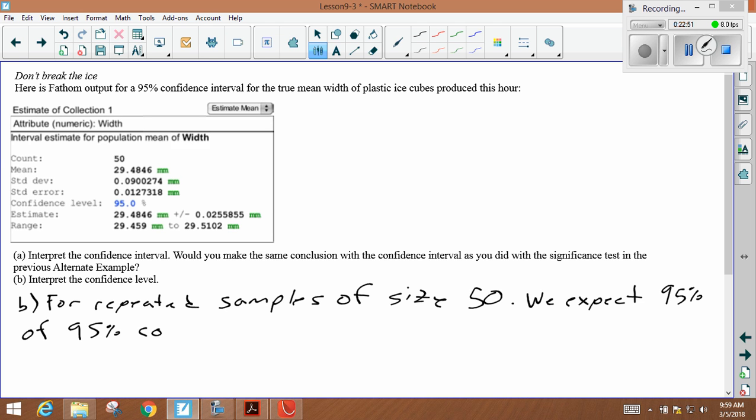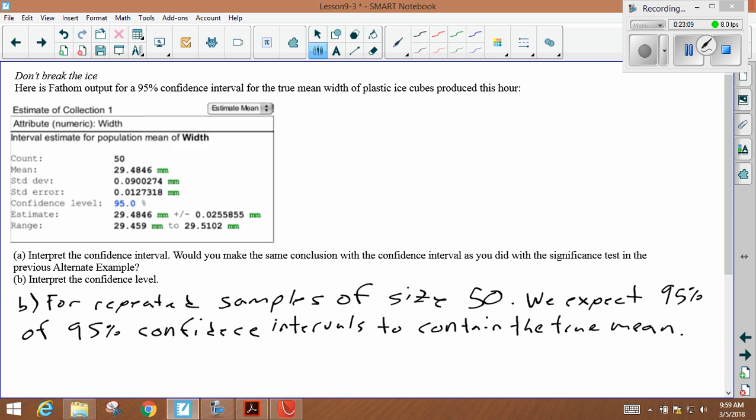I'm wording it in a really weird way. Theirs was much more verbose and said the same thing. But mine had this weird 95% of 95%. It's okay. It says the same stuff, right?